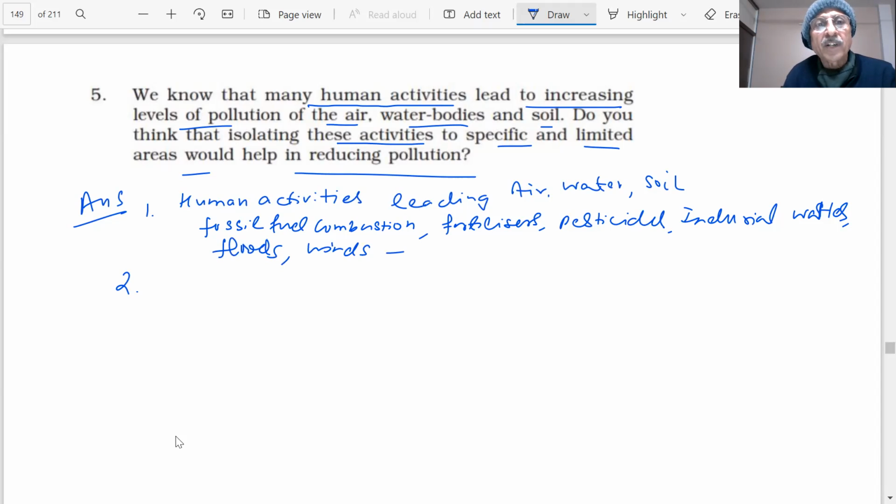So now if we know that human activity leads to increasing pollution, do you think isolating them would help? So yes, if we isolate human activities, which we mentioned, then what can we do?